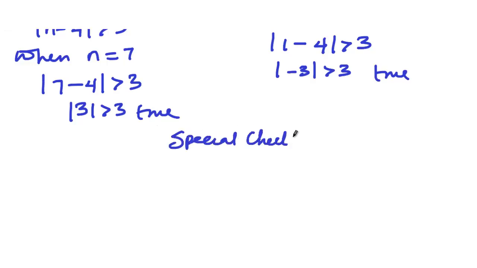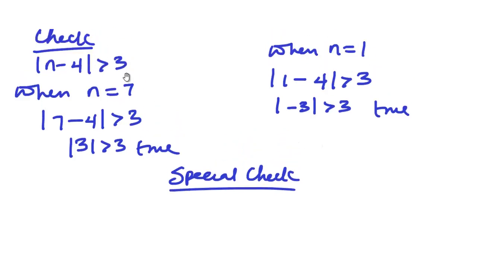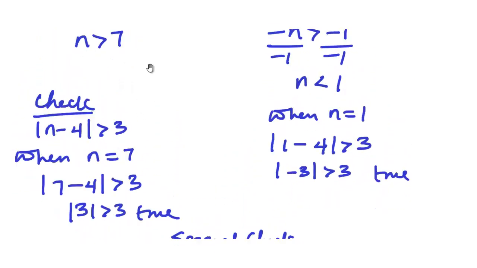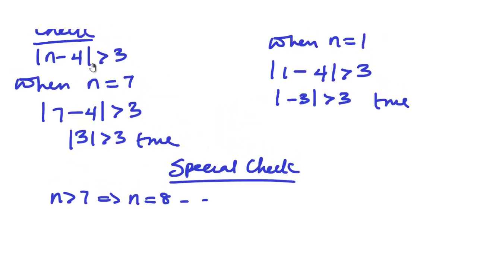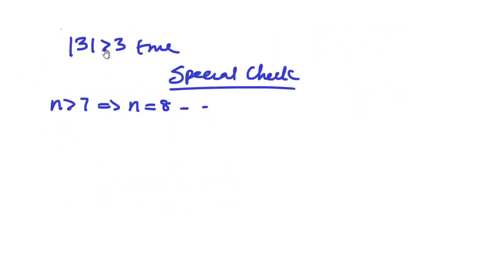When I say special check, I've been equating them. So in this case, n is greater than 7. So if n is greater than 7, it implies that n can be 8, 9, 10, and so on. So let's plug it in. If we plug it into that particular equation, we have the absolute value of n minus 4 is greater than 3.